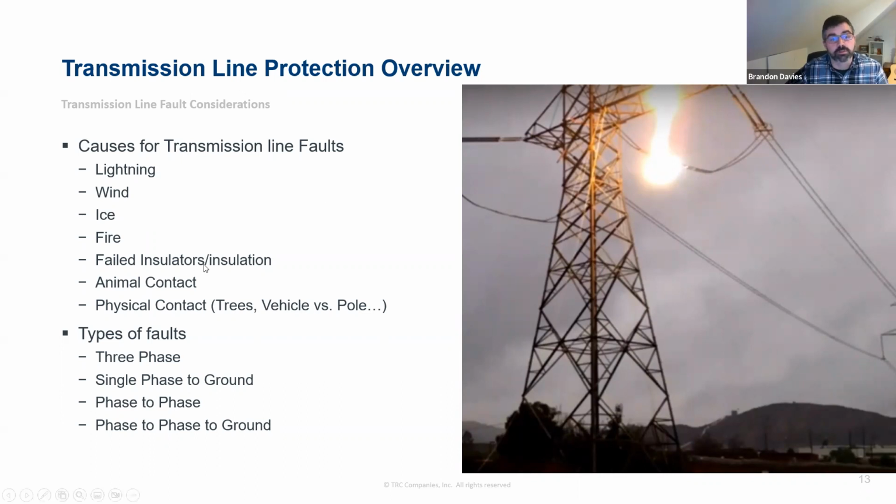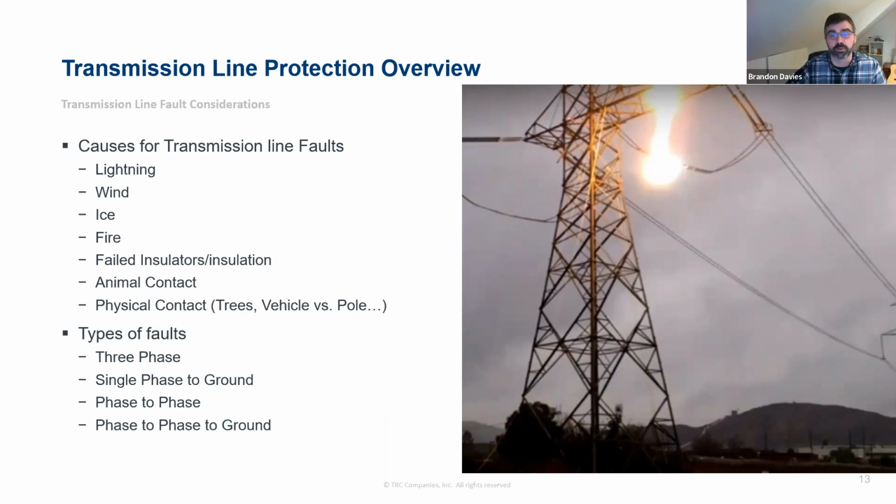You can have equipment failures. Insulators, as we were talking about, have a certain age and a certain life, and they get inspected, but they still can fail and do fail. Animal contact is a little bit less of an issue at transmission, because the size and spacing of the transmission conductors are much larger than distribution lines, where animal contact is a lot bigger deal.